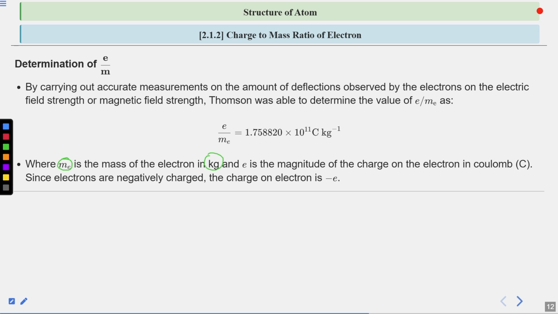This value comes out to be 1.758820 × 10^11 coulomb per kg. C is the coulomb here, so charge will have a unit of coulomb, and mass will have a unit of kg. This is very important. You must remember this value.